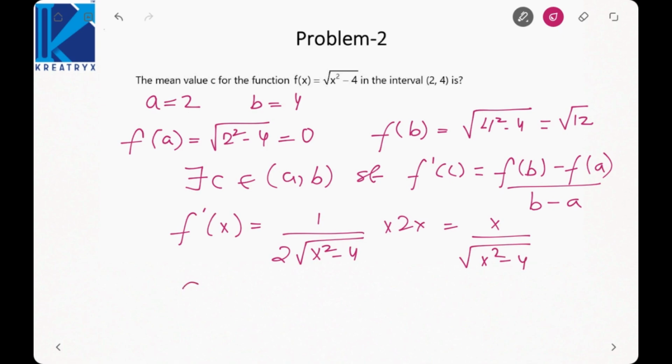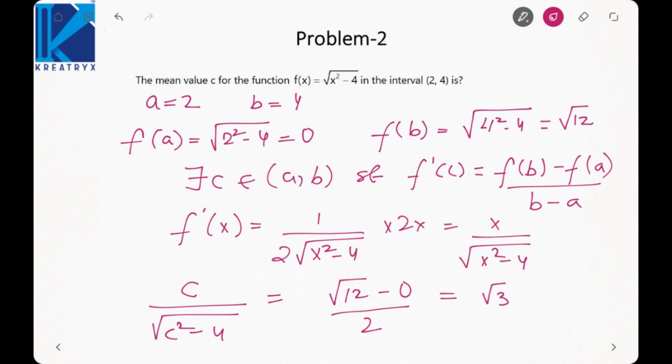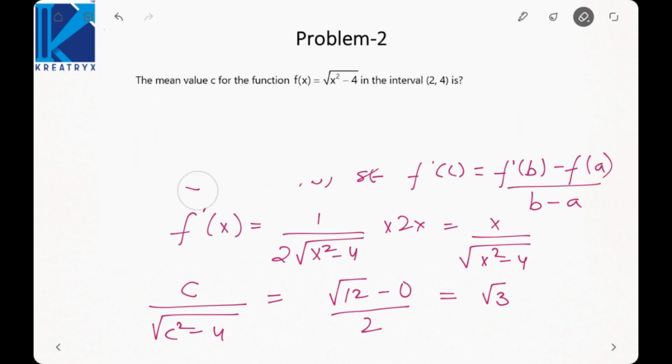Which means at x equal to c, the derivative will be c upon under root c square minus 4. This should be equal to f(b) minus f(a), that is root 12 minus 0, over b minus a, which is 2. That is root 12 by 2, which will come out to be root 3. Now let us square both the sides in order to determine the value of c.